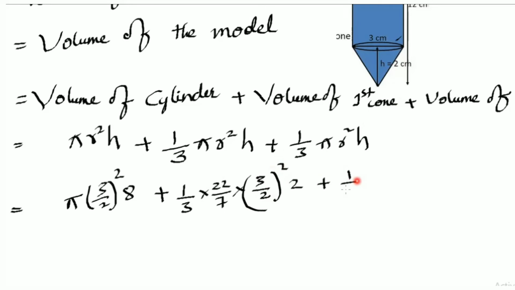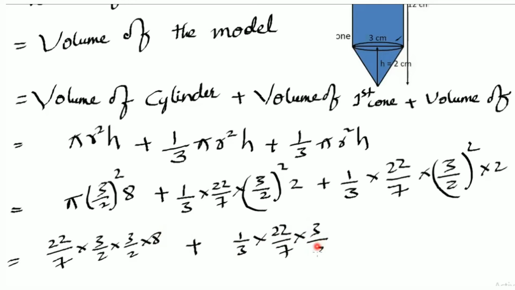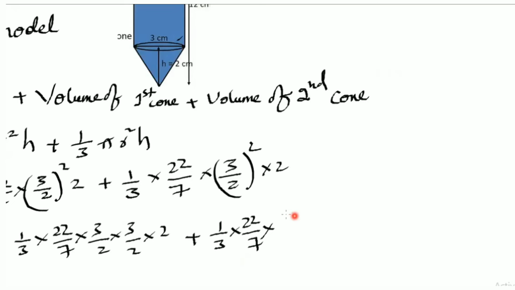The same thing, 1 by 3 into 22 by 7 into r is 3 by 2 whole square, and h of cone is 2. So 22 by 7 into 3 by 2 into 3 by 2 into 8, plus 1 by 3 into 22 by 7 into 3 by 2 into 3 by 2 into 2, plus same thing again repeats, 1 by 3 into 22 by 7 into 3 by 2 into 3 by 2 into 2.